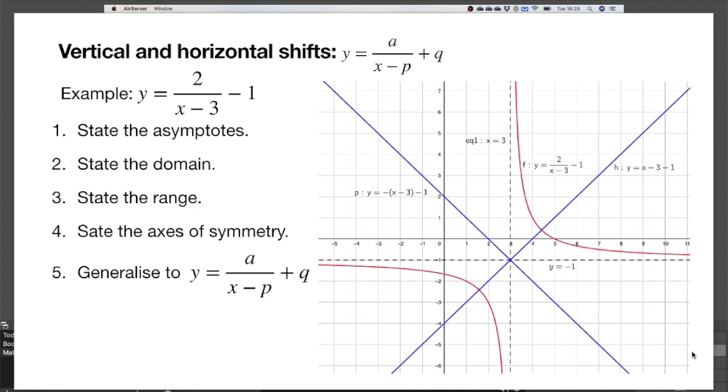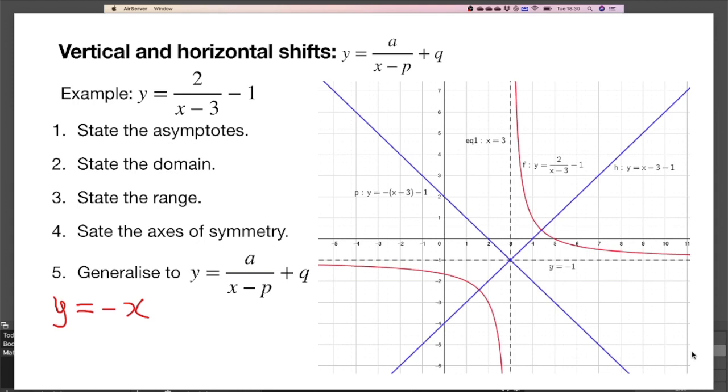Then to determine the other axis of symmetry, remember originally from the parent graph, one of the axes of symmetry was y equals -x. The graph was shifted 3 units to the right. That is why we have a -3. And it was shifted 1 unit down.